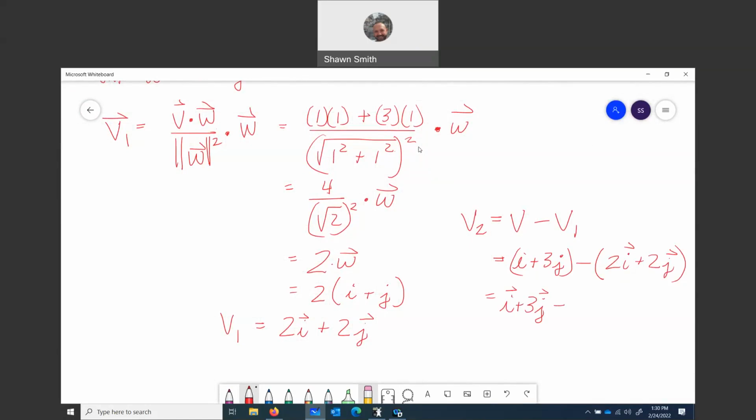So I plus 3J minus 2I minus 2J. Combine the like terms. 1I minus 2I is negative I. 3J minus 2J is plus 1J.